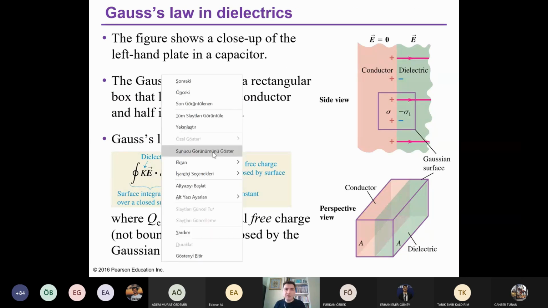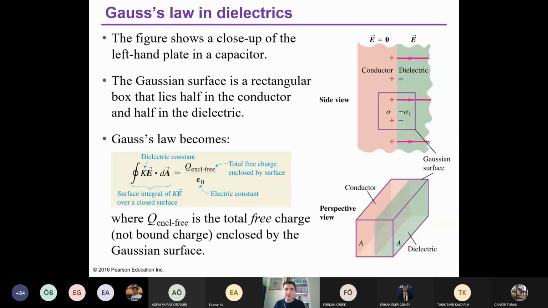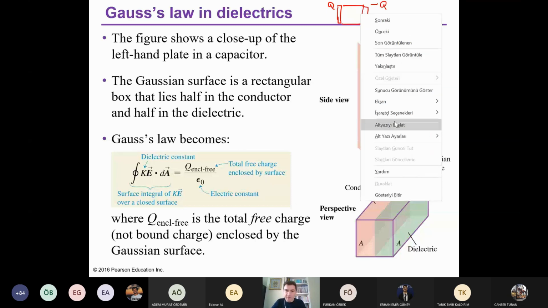Here we have a picture on the right side. Let me show you what we have here. This is the positive side of the capacitor. This is the negative side of the capacitor. And here we have placed a dielectric material.